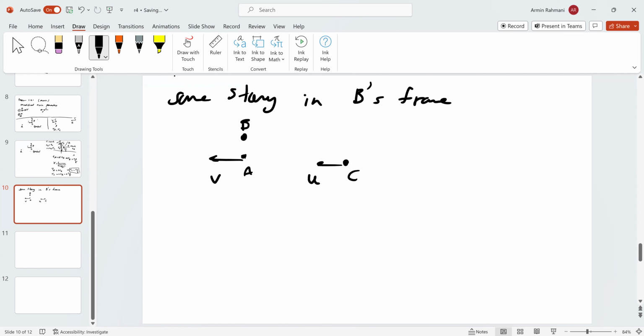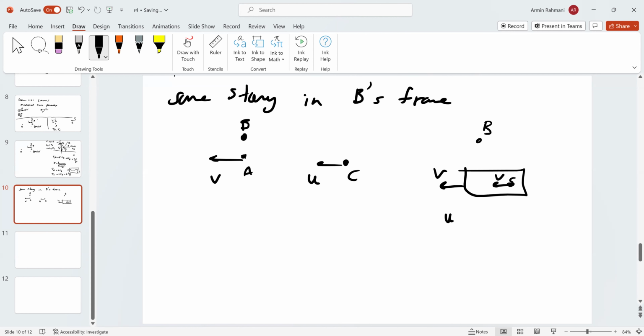So how can we figure out what U is? Well, we know in A's frame, C is moving with velocity V. So from the point of view of B, she sees a frame that's moving with velocity V, and inside this, there's an object C that's moving with velocity V relative to that frame. So the velocity B would measure comes from the velocity addition formula that we derived.